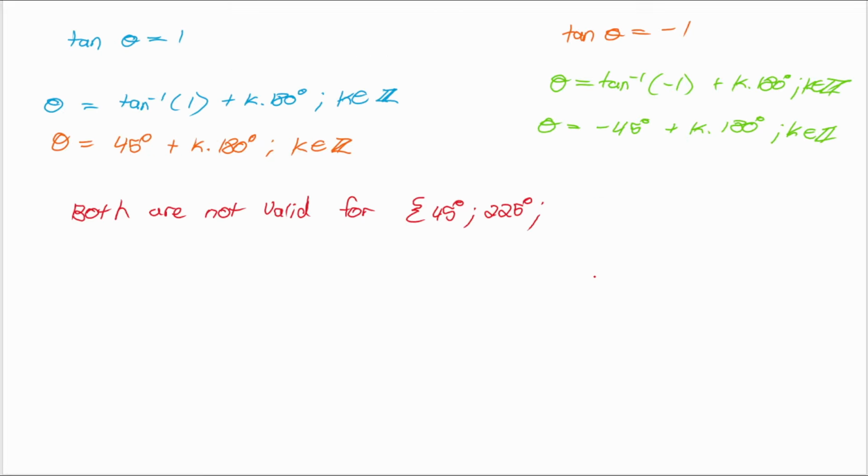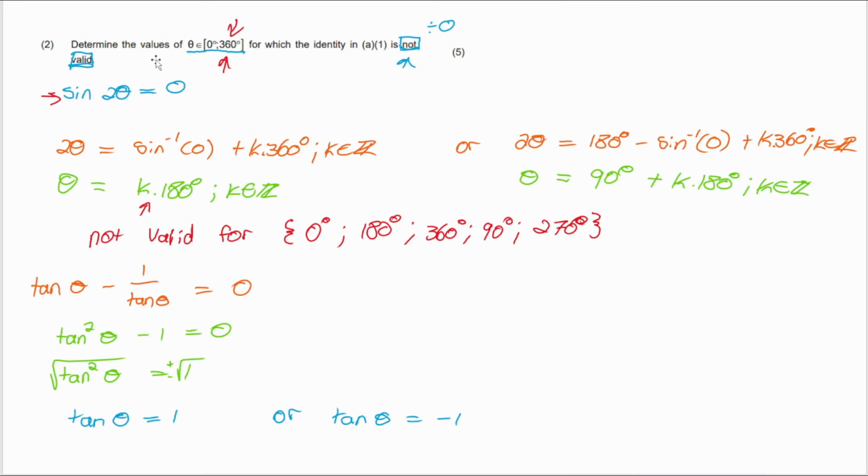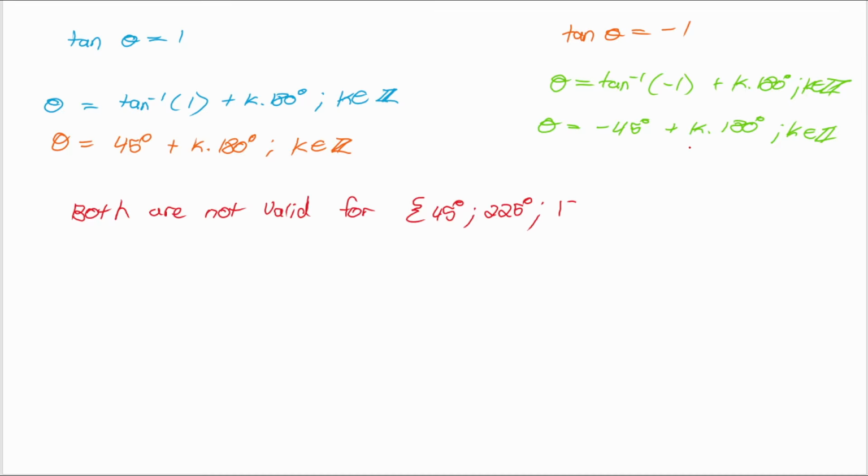Now let's check these. Now we're dealing with -45. If we do -45, we know that's going to fall out of our interval because it's going to be left of 0, which isn't allowed. But if we do -45 plus 180, we get 135, which definitely falls within our interval.